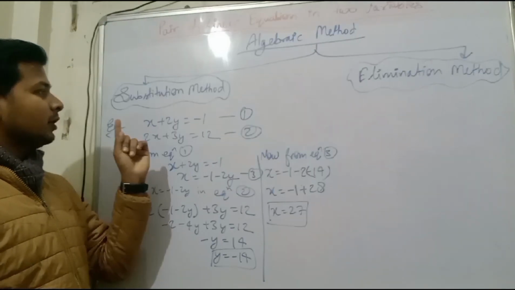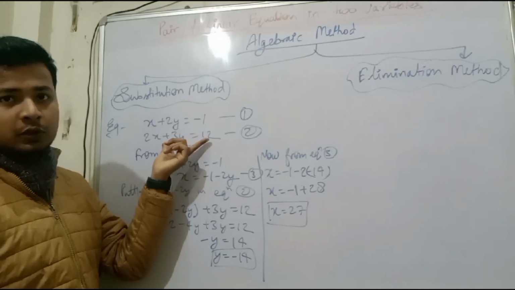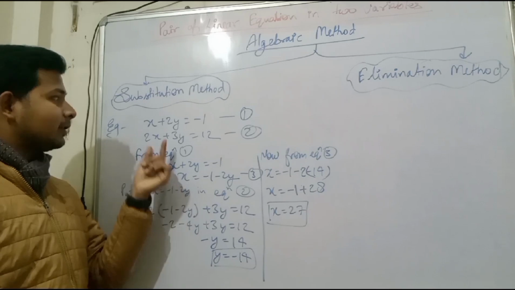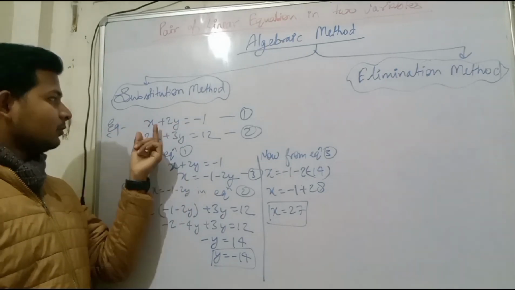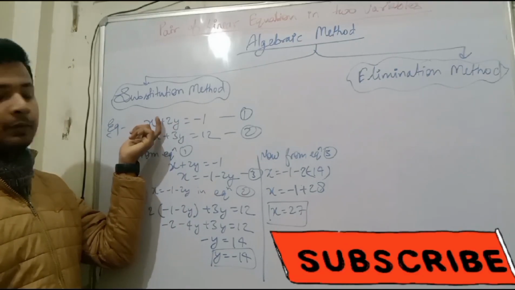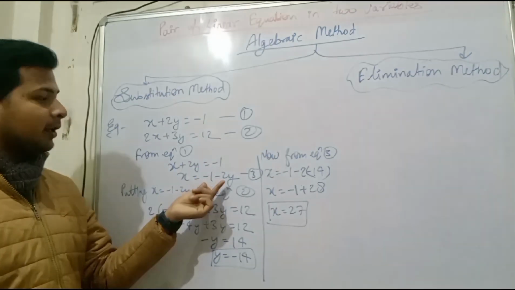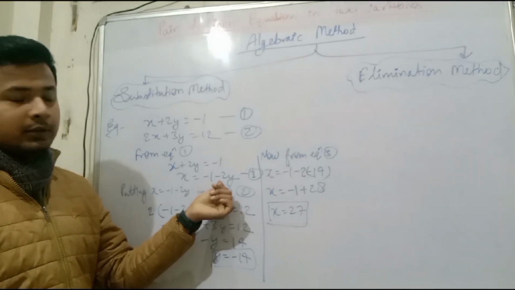Now take out the value of x or y from equation 1, because taking out the value of x is very simple. If you send 2y to the RHS, the value of x will be minus 1 minus 2y.